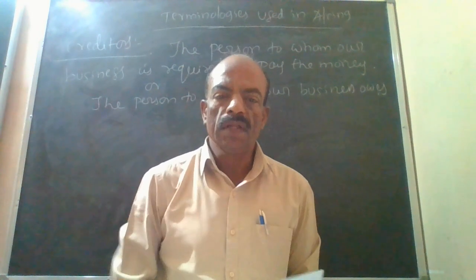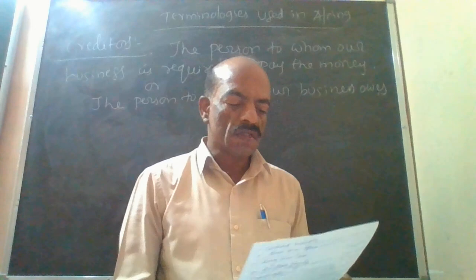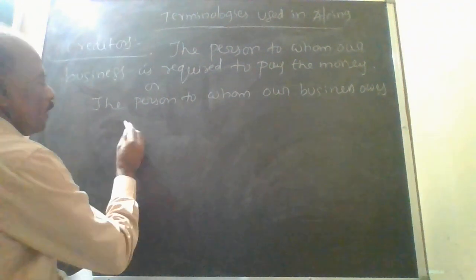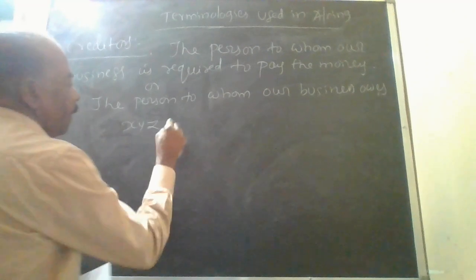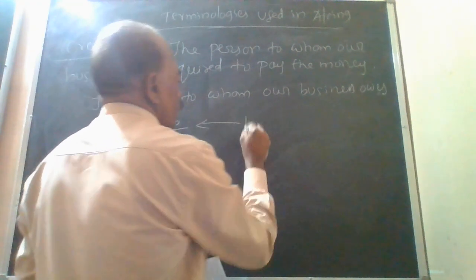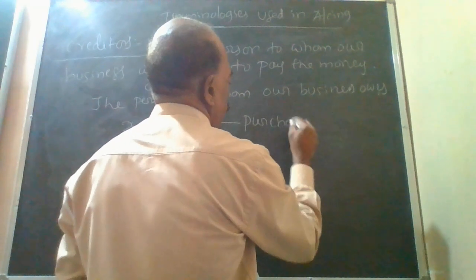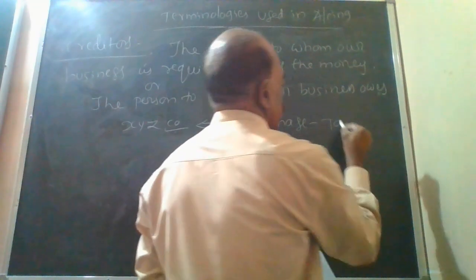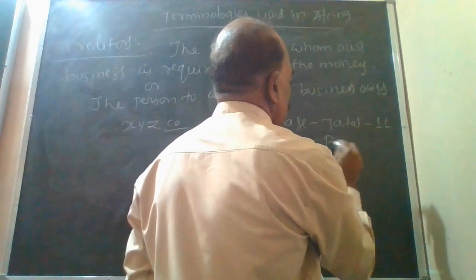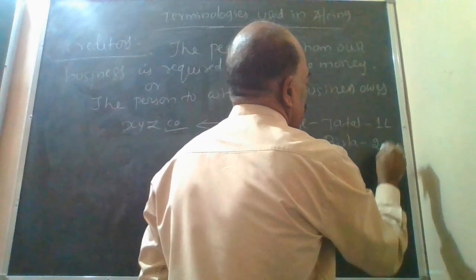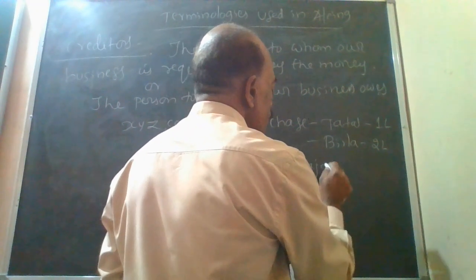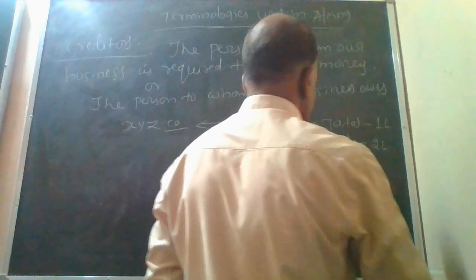I will give one example, then you will understand what creditors are. Ours is an XYZ company. We purchase goods from Tata, 1 lakh worth rupees goods from Birla, 2 lakh worth rupees from Bajaj, 5 lakh worth rupees goods.